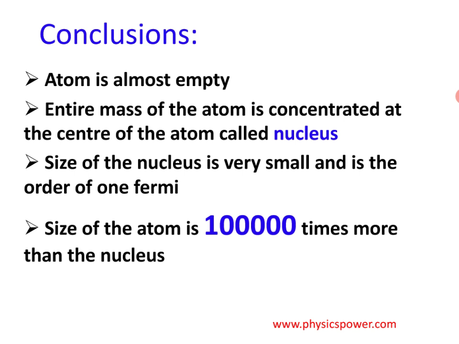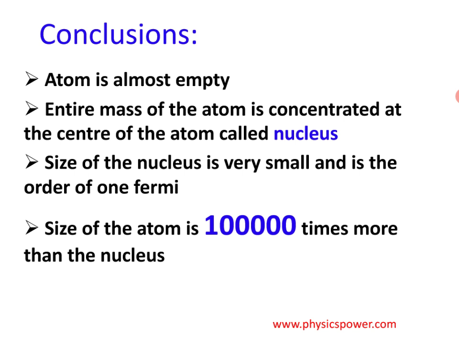He also compared the size of the atom and the size of the nucleus. With that he concluded the size of the nucleus is very small, on the order of 1 Fermi. 1 Fermi means 10 to the power of minus 15 meter, but the size of the atom is 1 angstrom, meaning 10 to the power of minus 10 meter. Listen carefully: nucleus size is 1 Fermi, 10 to the power of minus 15 meter, but atom size is 10 to the power of minus 10 meter.